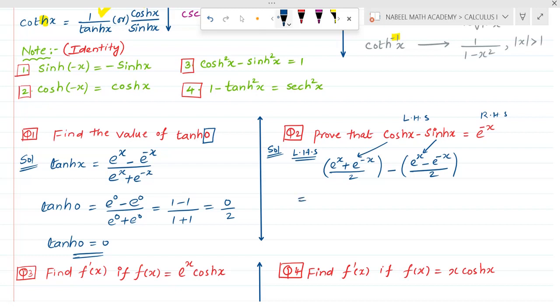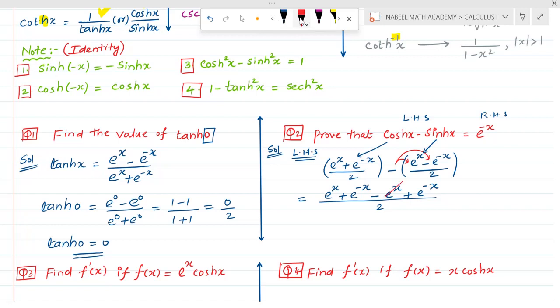Now what is a common factor? Over 2 is a common factor. e to the power x plus e to the power minus x, minus e to the power x. You have to multiply this minus inside. So when you multiply inside, you will get plus e to the power minus x. What terms get cancelled here?